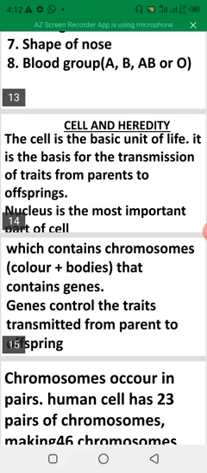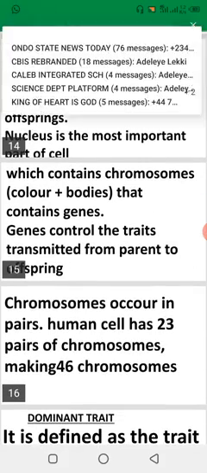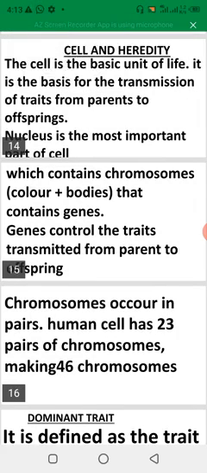Cell and heredity. Cell is the basic unit of life. It is the basis for the transmission of traits from parents to offspring. And the nucleus is the most important part of the cell, which contains chromosomes that contain genes.